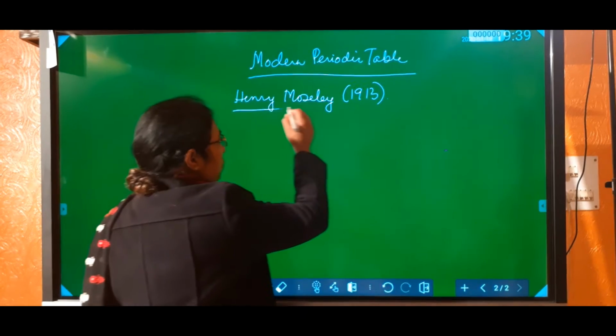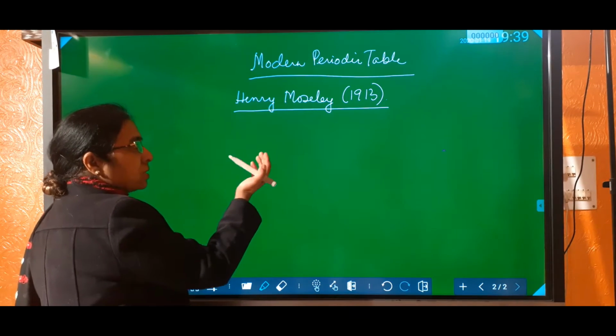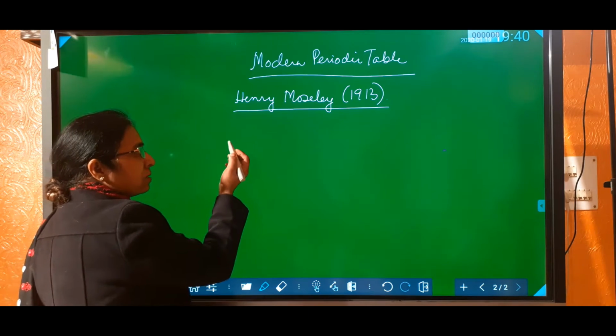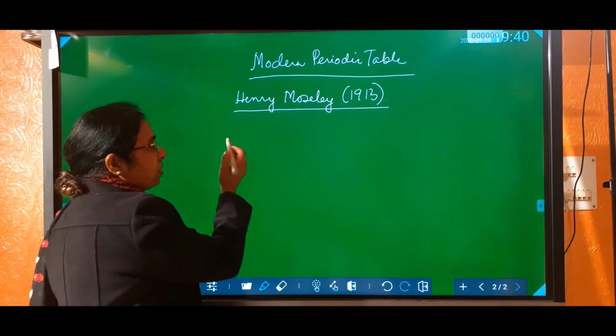Now, Henry Moseley studied the drawbacks of Mendeleev's periodic table, and he made just a simple difference in the periodic law.